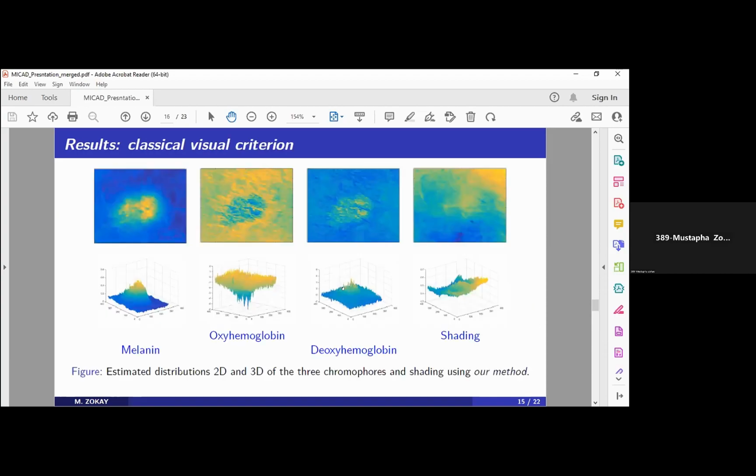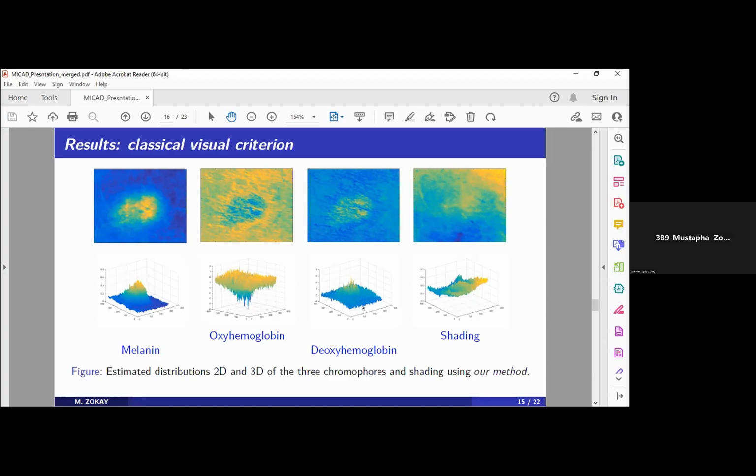So the results obtained using our method are as follows. You can see from this figure that the estimated distributions of the three chromophores are in agreement with the visual criterion, since we have a high distribution of melanin, and a very low distribution of oxyhemoglobin and a medium distribution of deoxyhemoglobin compared to healthy skin.